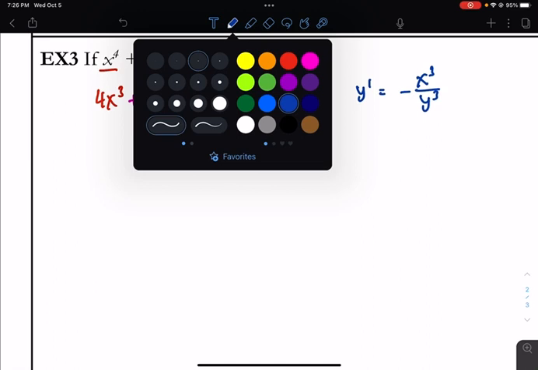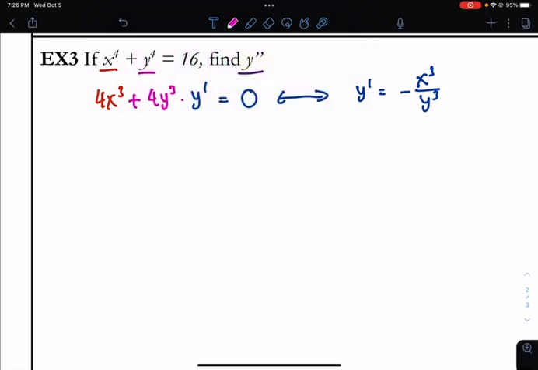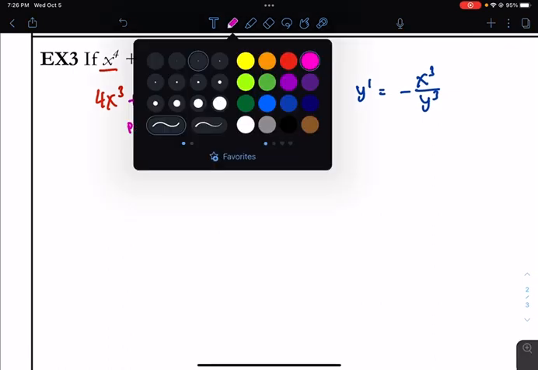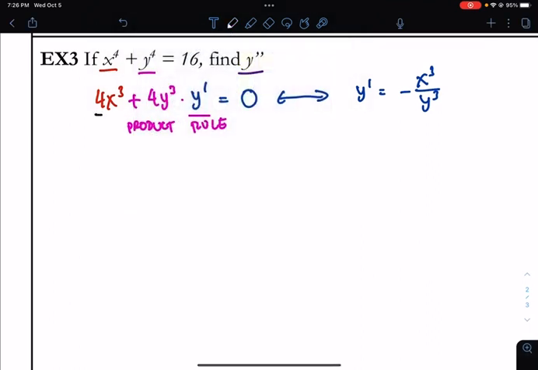Now, if we want to find the second derivative, we're gonna use the product rule. Okay, product rule. How do we use the product rule? We're gonna find the derivative of 4x cubed, which is 12x squared, right?